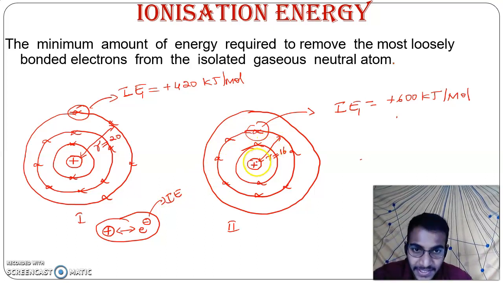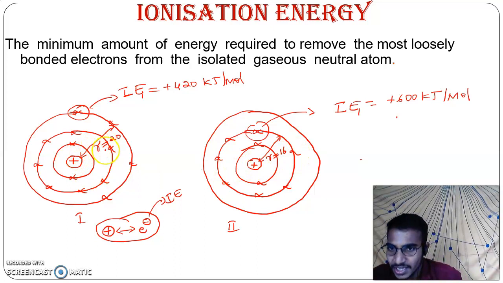In the second shell, you can see the nucleus and second shell are nearer. That is, I have given radius 16, for rough understanding. But here I have given radius 20. So the third shell is somewhat farther compared to the second shell.